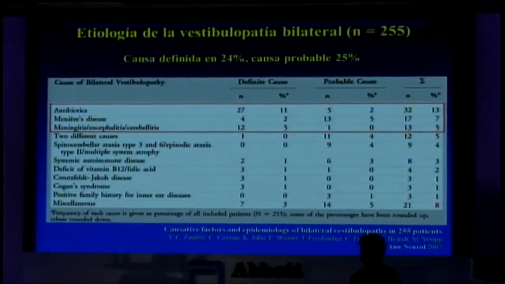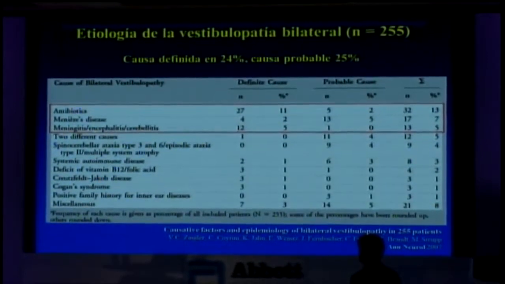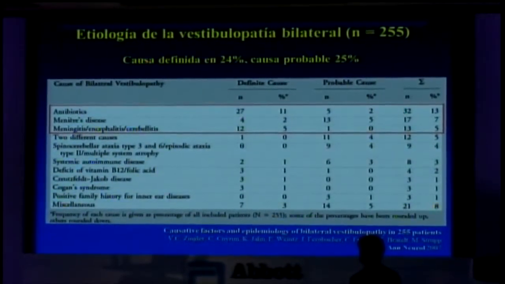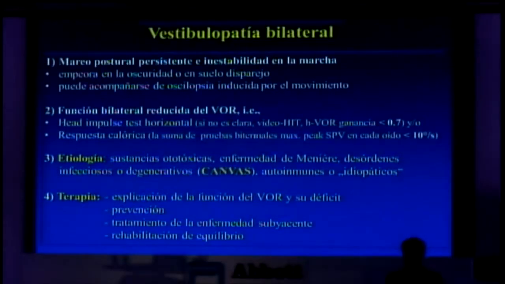Identifiable causes were ototoxic antibiotics, gentamicin, bilateral Meniere's disease, which you can nowadays prevent, and after meningitis, tuberculous meningitis, and encephalitis, and also associated with cerebellitis. Everything else was rare. What already came out in this study in 2007 was an association with cerebellar disease.